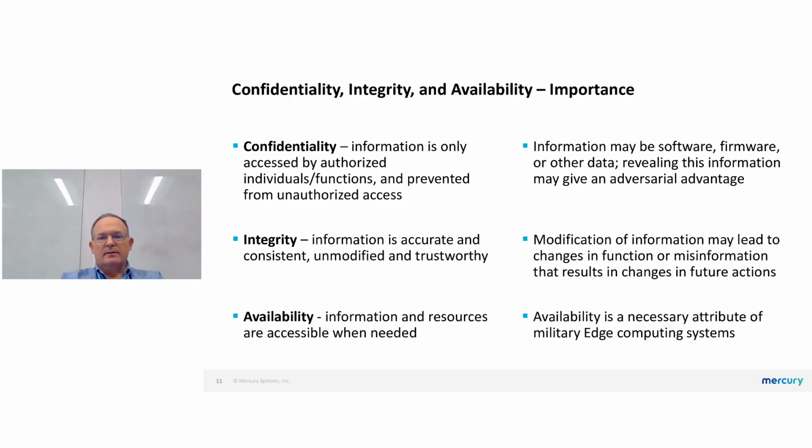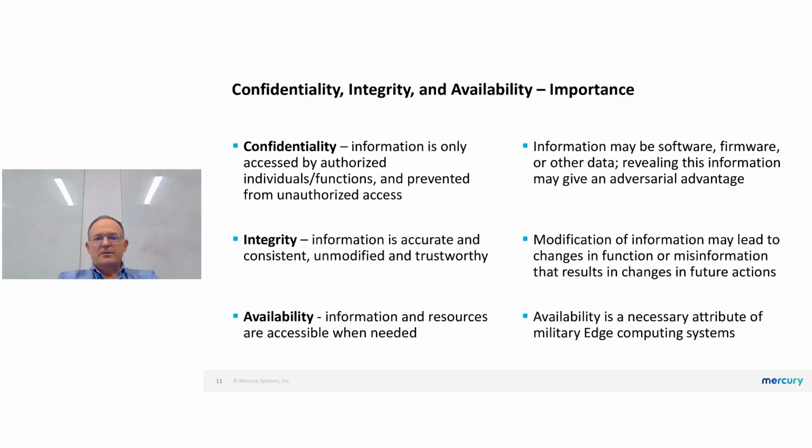It may be parameters that determine how a system operates in the field. Revealing that information may give an adversary an advantage that allows them to develop counters or to make copies of the capability, reducing the advantage to the warfighter who uses the system.